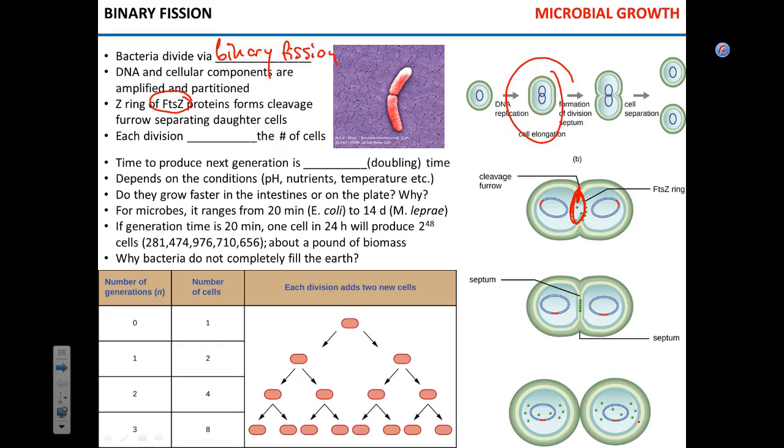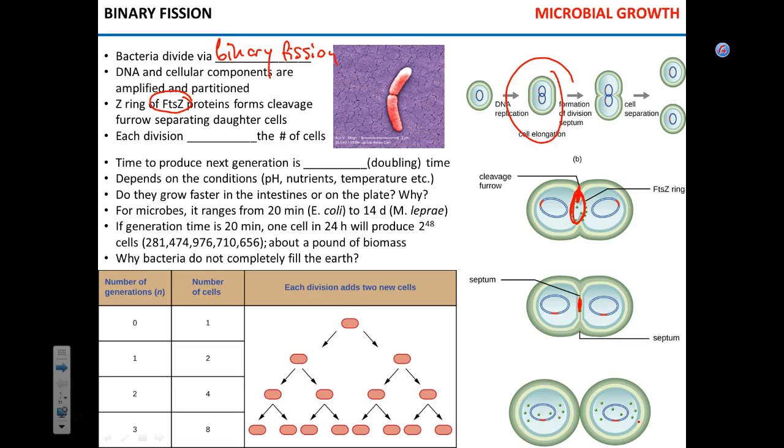The FtsZ protein is somewhat similar to the eukaryotic protein actin. So it controls the cell shape. And by closing that ring, FtsZ separates one mother cell into 2 daughter cells.